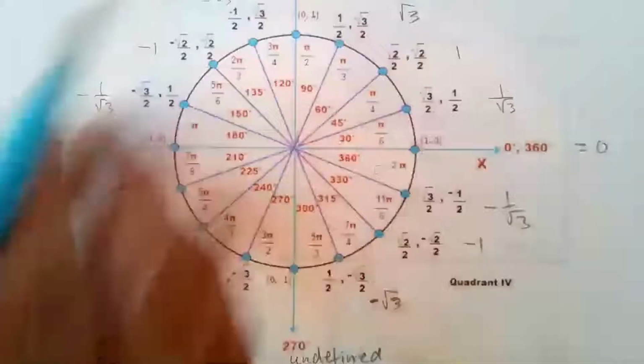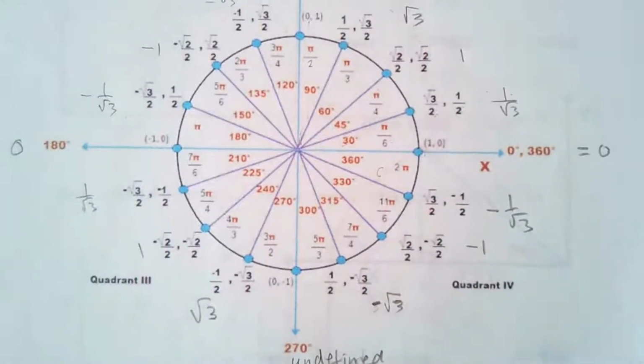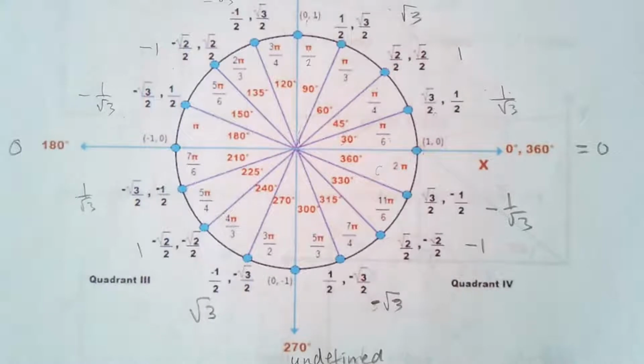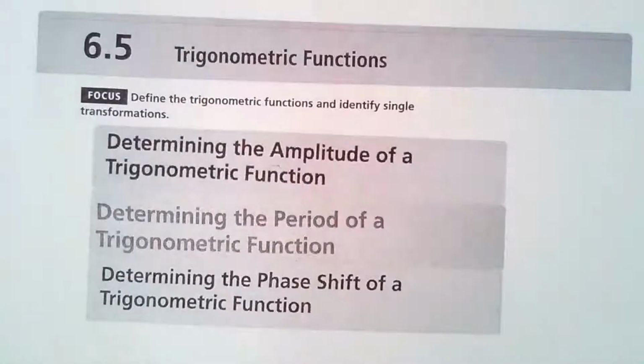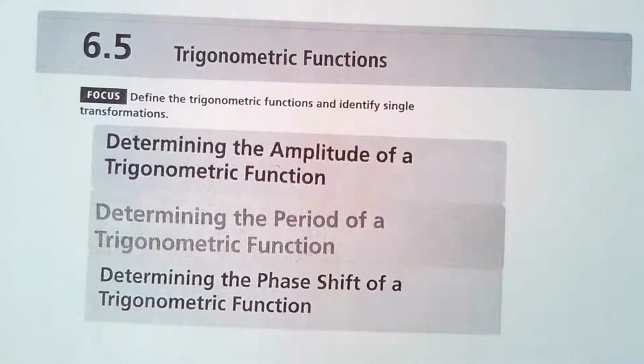So using the unit circle to sketch the graph of the sine and cosine, in your previous booklet, you did sketch the graph of the sine and cosine. Today we'll continue that. So let's review some of the work.